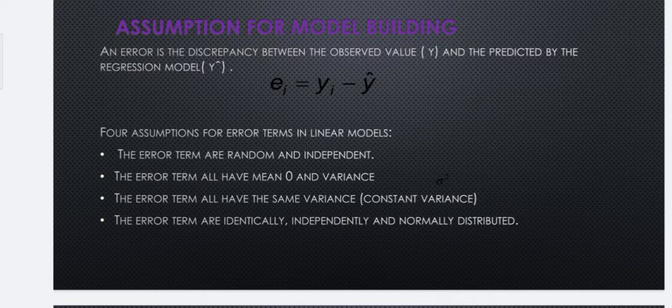Okay, so if you can make revision by your own first about the Brown-Forsyth, it will be your advantage nanti bila I masuk chapter Brown-Forsyth nanti. And then the error terms are identically, independently and normally distributed. So macam mana nak check untuk normally distributed? We can use the normal probability plot.